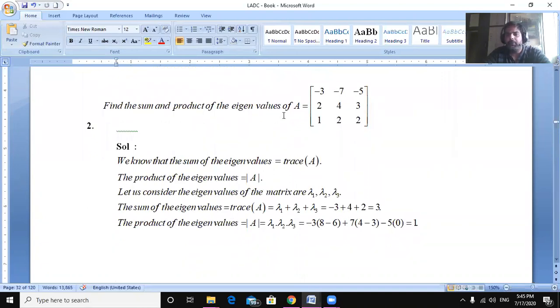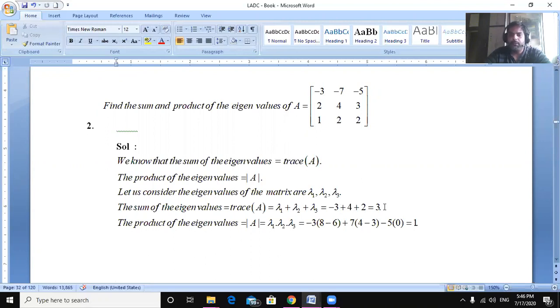Find the sum and product of the eigenvalues. So here I would need to write the characteristic equation, and then find the eigenvalues, and then the sum and product. But recollect the property: the sum of the eigenvalues is equal to the trace of A, that means the sum of the diagonals, minus 3 plus 4 plus 2, that is 3.